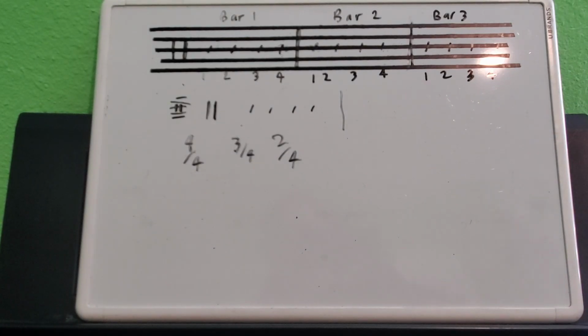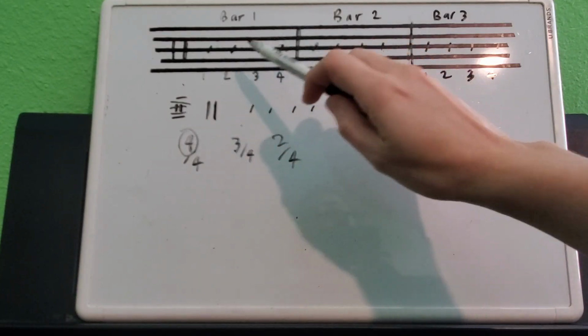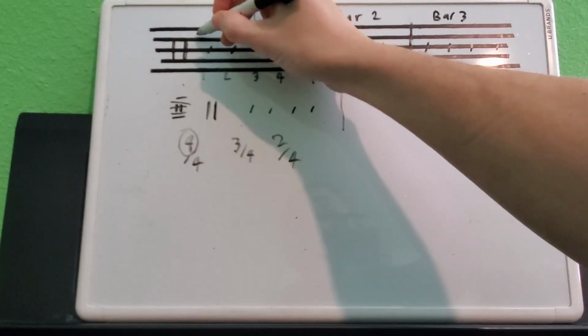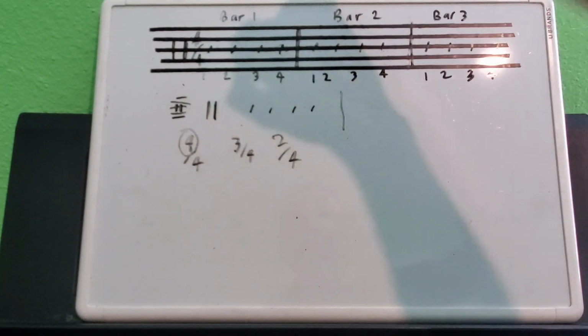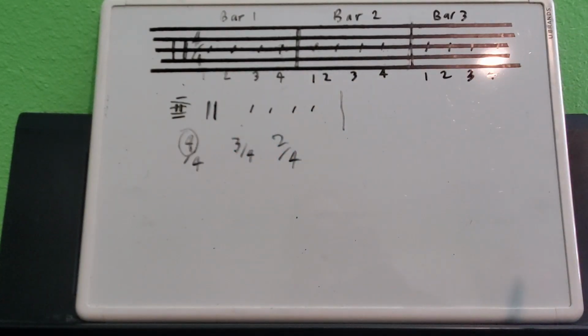The top number is the one that we're going to be focusing on. That top number tells us the number of beats. So if I have 4 on top, I'm going to have 4 beats per bar. So I'm going to write that 4/4 time as best as I can up here. That would tell us that we have 4 beats.